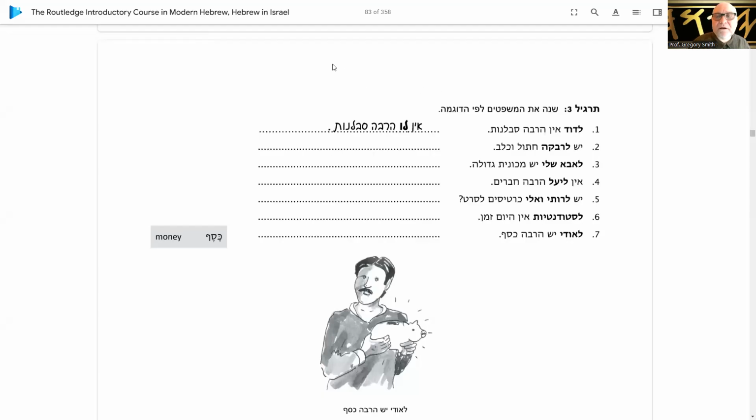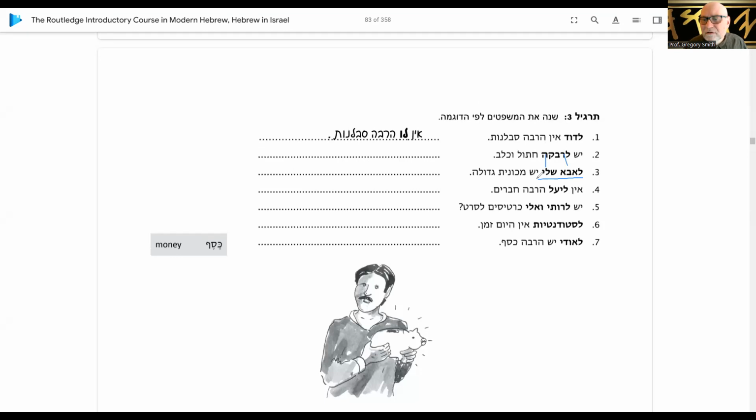How about this one? Let's see. Le abba shali, to my father, yesh mekonit gedola, there is a big car. To my father, there's a big car. Okay, so that's what that's saying. So how do we get this? I wonder if we could say to him. But basically, we have to take this whole thing and change it to one of these prepositions. And I think it's going to be him.